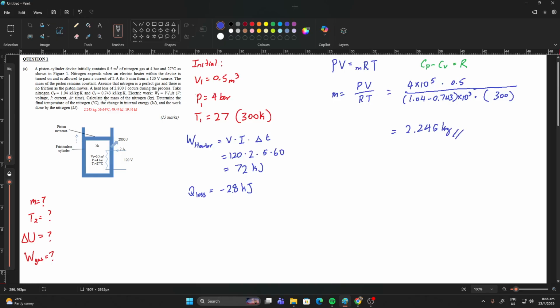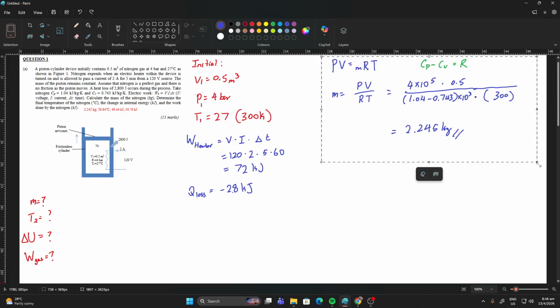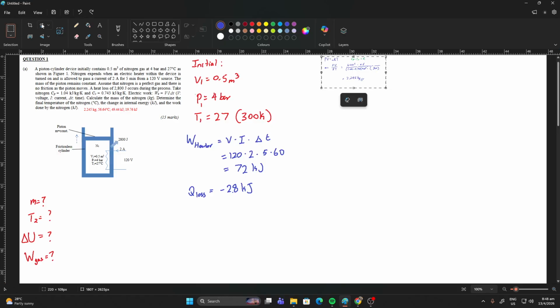Is this the same as the answer? Yes, it is. So we have found our mass. Let's go ahead and minimize this. So that's our mass.